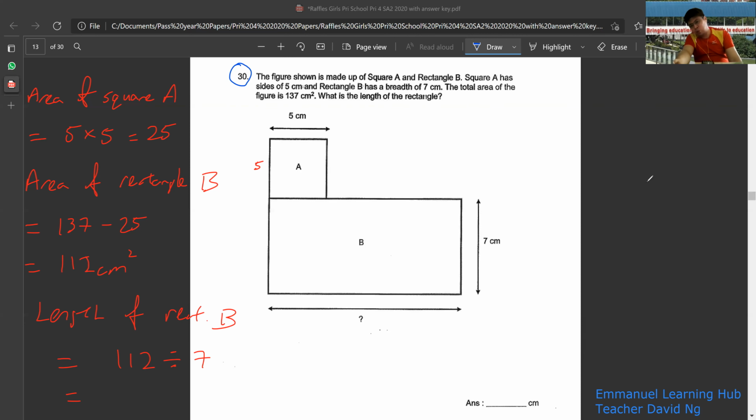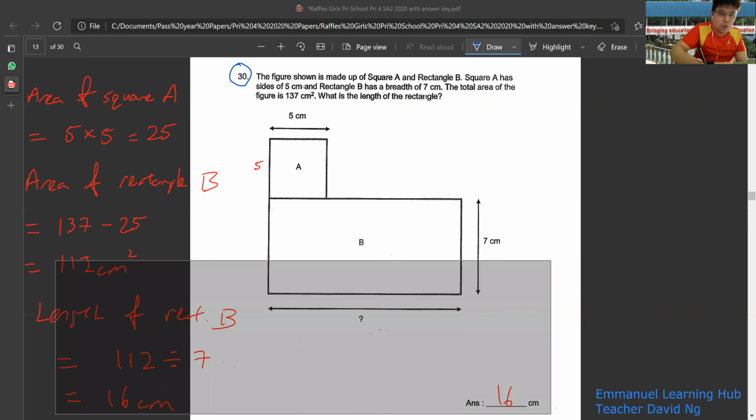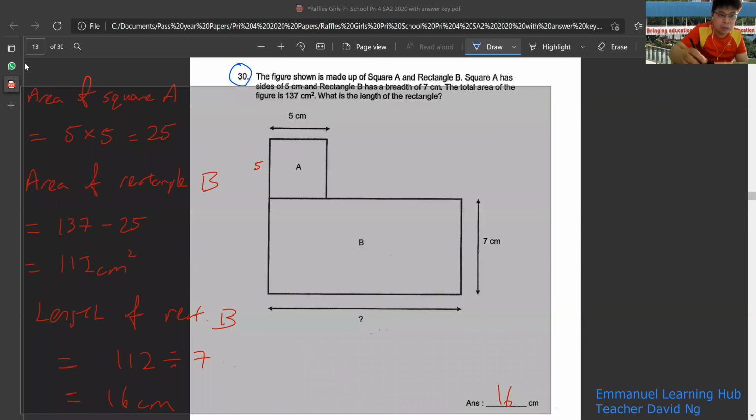You do the division and tell me what answer you have. 16. Very good. So what is the length of the rectangle? 16 centimeters. Okay. Not so hard, right, this question?